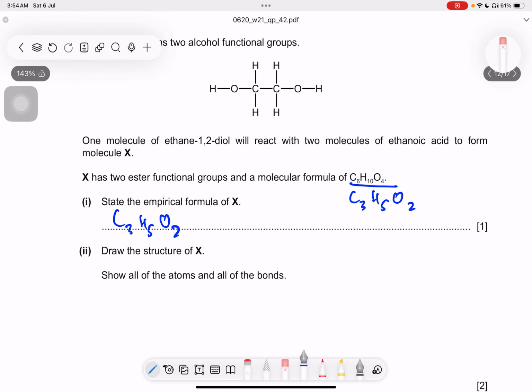Draw the structure of X. They're saying it reacts with two molecules of ethanoic acid to form molecule X, and molecule X has two ester functional groups. So six carbons. Of course, it's reacting with two ethanoic acids, so two carbons from here and two already over here.